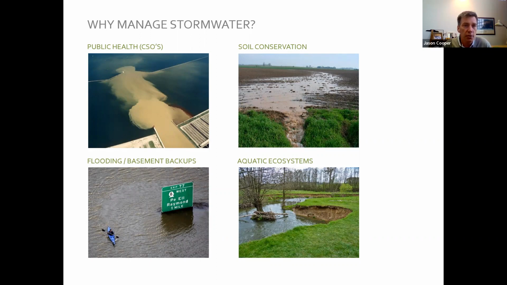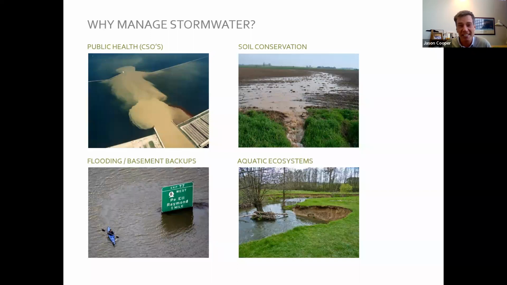So CSOs in the upper left, which stands for combined sewer overflow. Milwaukee, like Chicago, is largely served by a combined sewer system, meaning that both sanitary and stormwater flow in the same pipes. Now, I'll tell you that's sediment being discharged into Lake Michigan in the upper left corner.